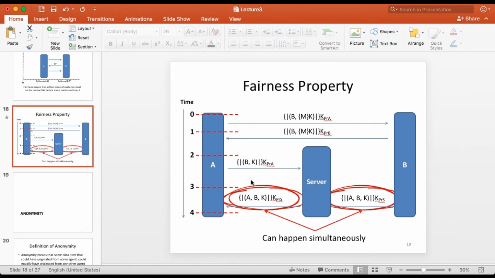Okay, so up until point 3, you cannot prove non-repudiation in terms of the message M, for either A or B. And then you really have to wait until point 4 here, that either side can reach that conclusion.